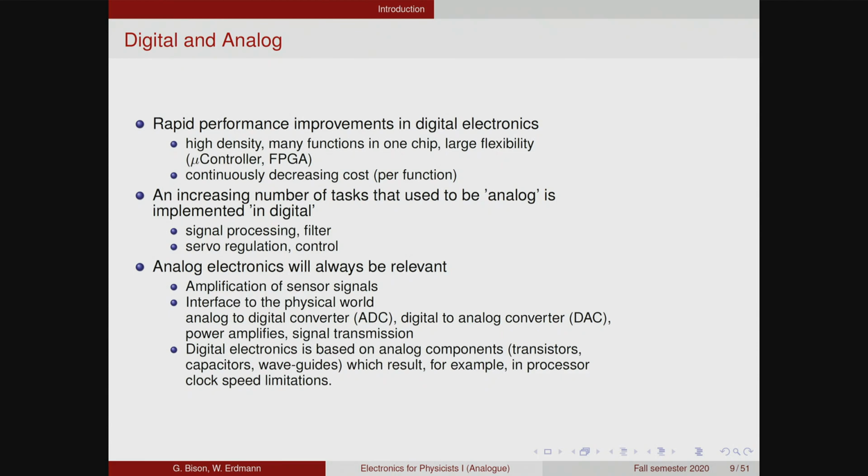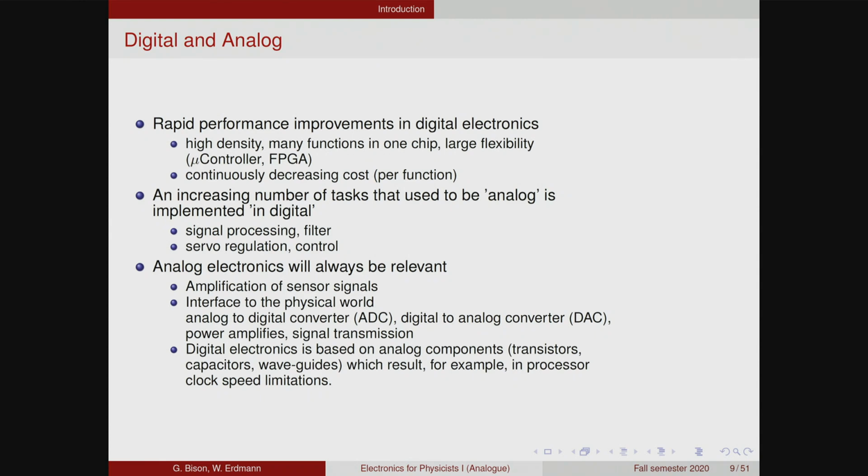So they need to be analog, at least in the last stage. And if you want to transmit a signal, so the radio communication that my mobile phone uses, that's of course a complicated analog design because the radio signals are analog signals. So you see this is relevant and it will always be relevant.